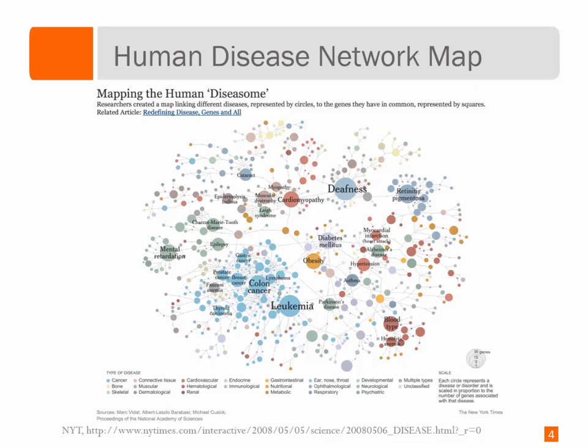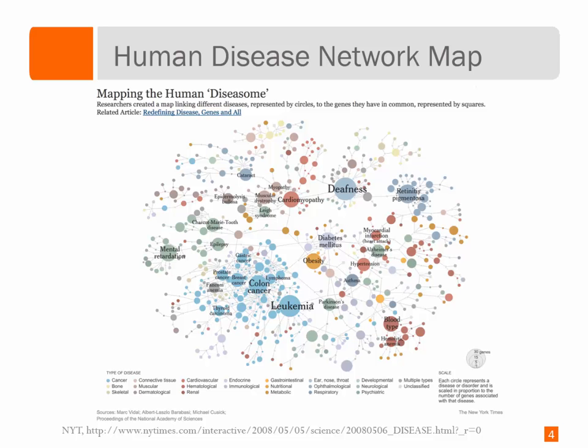Often we might take a particular disease and it has a relationship with a couple of other diseases that may or may not be in the same class of disease. That's fairly interesting. This is, as I mentioned, an overall map that was created by researchers linking different diseases, the genes that those diseases have in common, or how the relationships or the lines are formed between the different nodes.